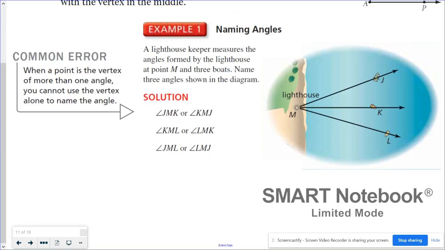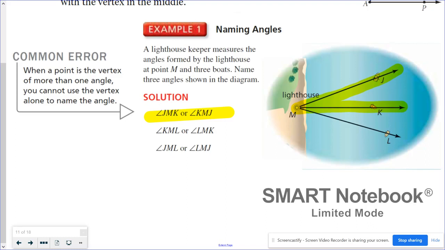So I can't just say angle M, because which of the 3 angles am I talking about? So I need to give it a 3-letter name, the vertex in the middle. So angle JMK is this angle right here. It's clear which angle I'm talking about.